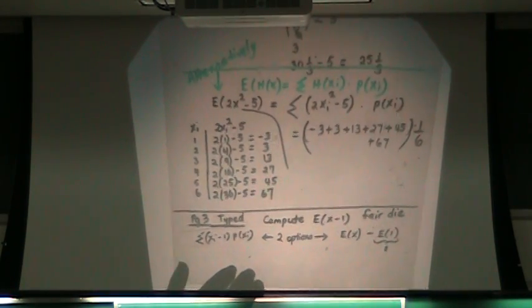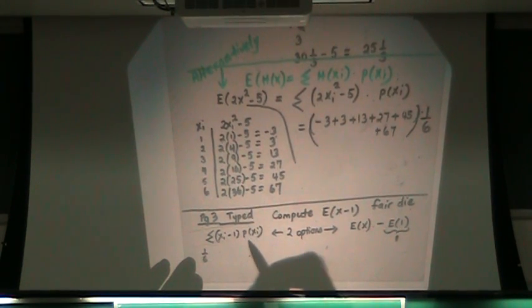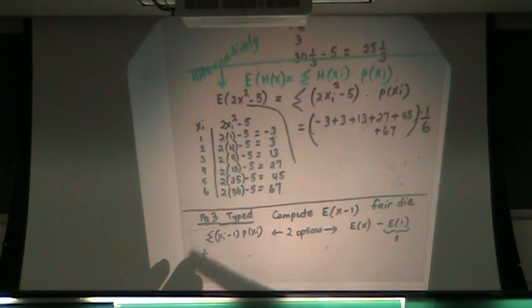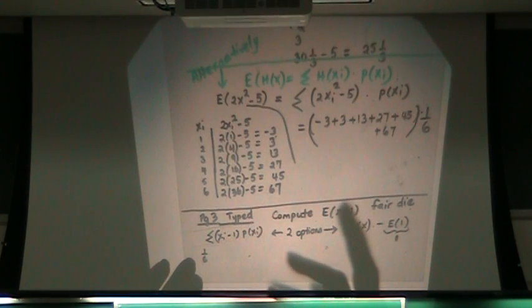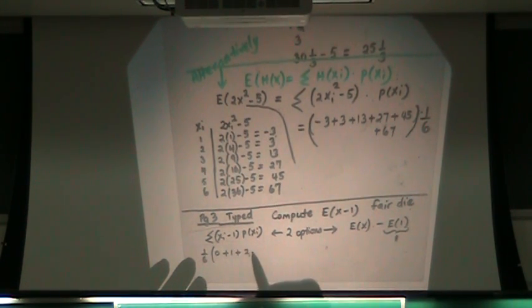So you could do 1/6. The p of xi happens to be a common 1/6 only in this problem. It's not always like that, right? So I pull out the common 1/6 times every x minus 1. So 0, because 1 minus 1 is 0. 2 minus 1 is 1, and so forth.